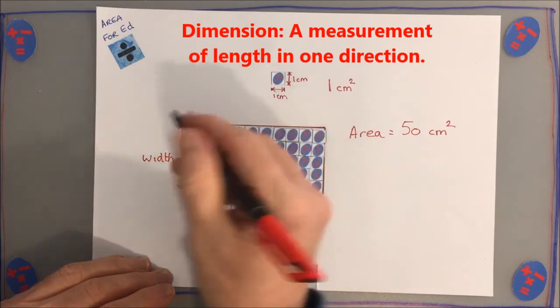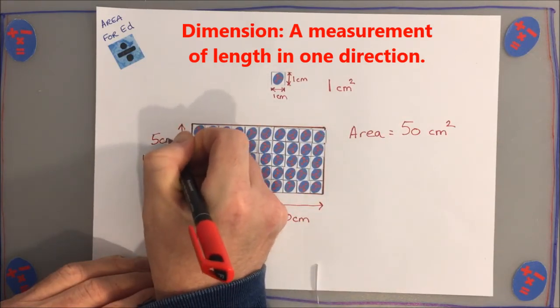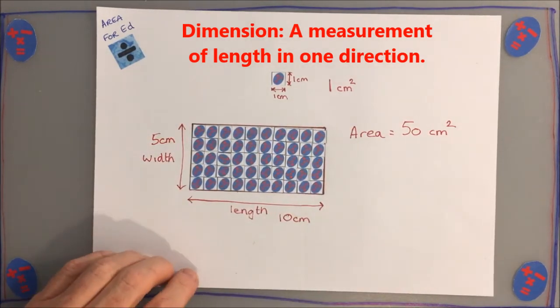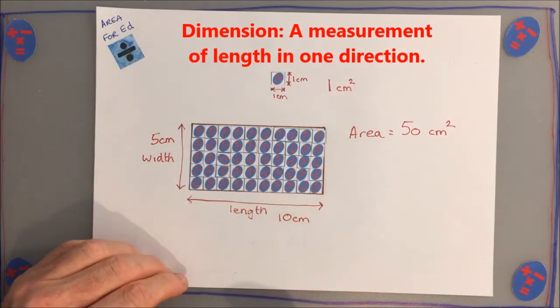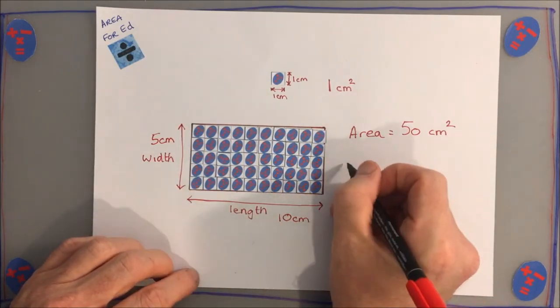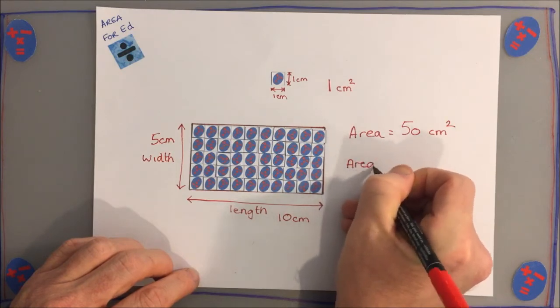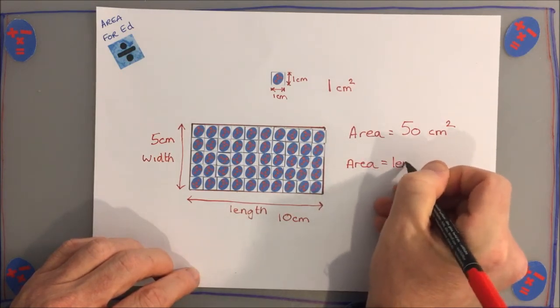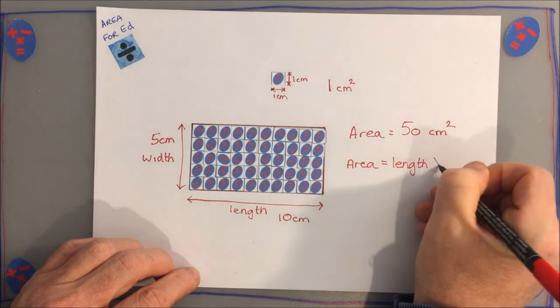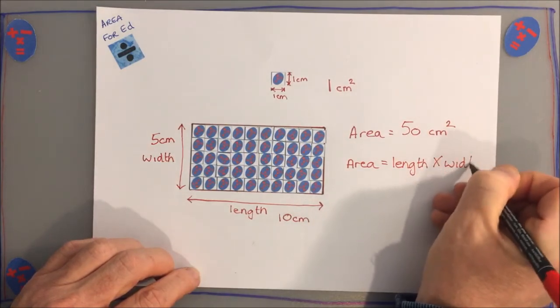It is 1, 2, 3, 4, 5 centimetres. And it turns out that the easiest way to find the area of a shape like this, which is a rectangle, is to multiply the length times the width.